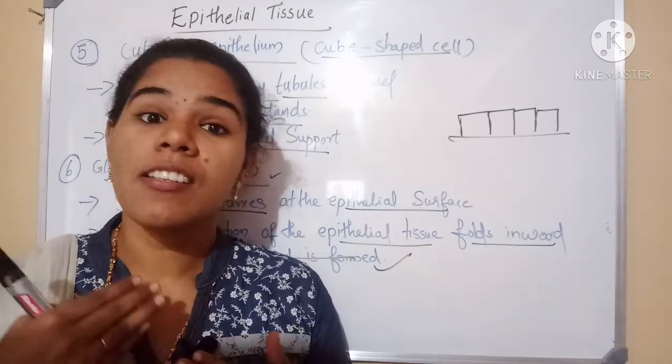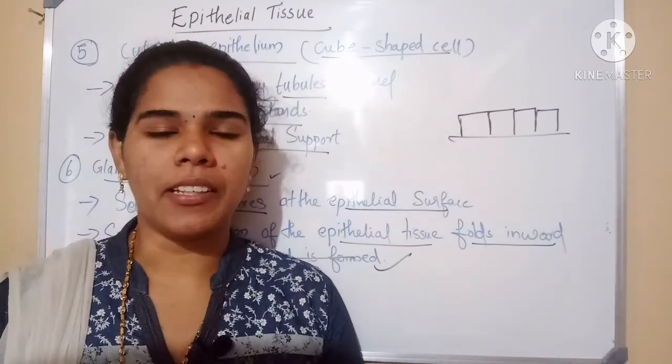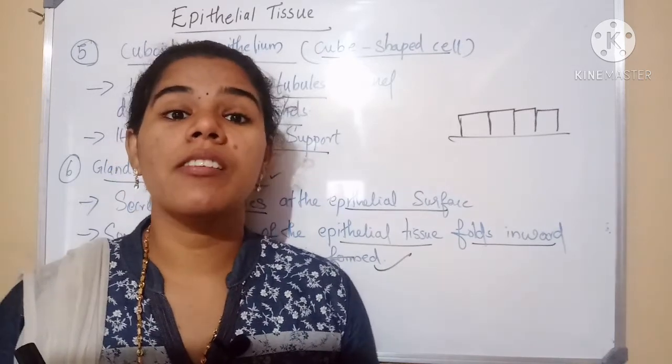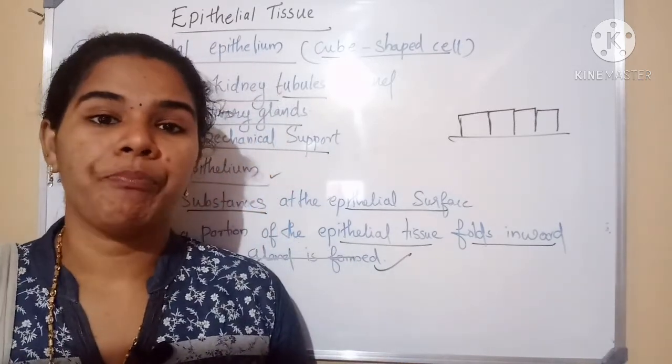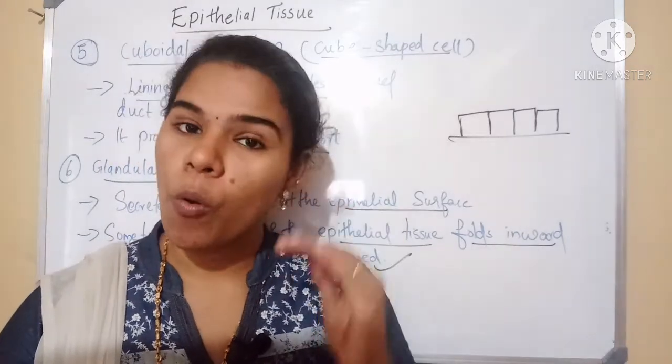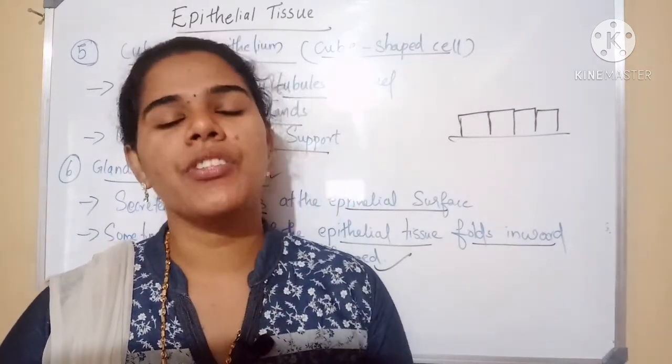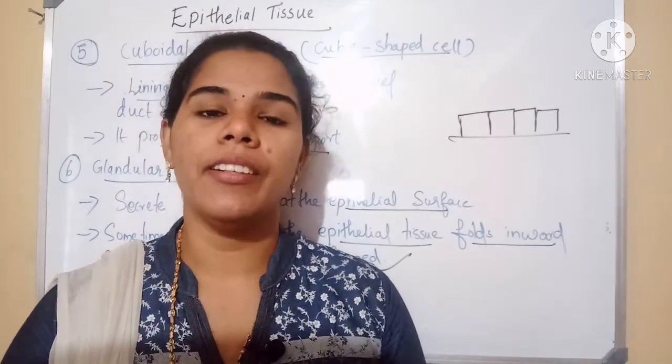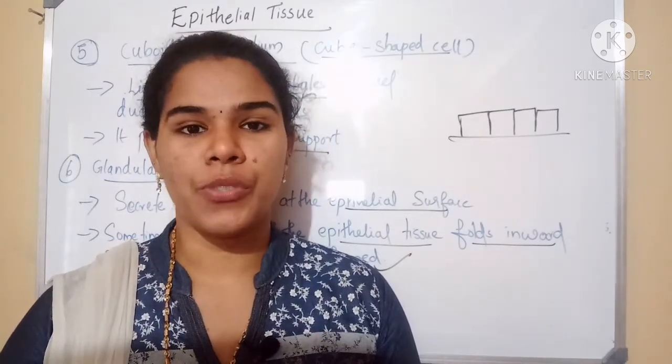So these are the six main types of epithelium. According to their structure and function, epithelial tissue is classified into six types: four main ones and their subdivisions.